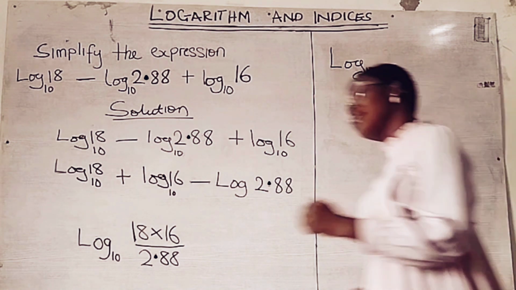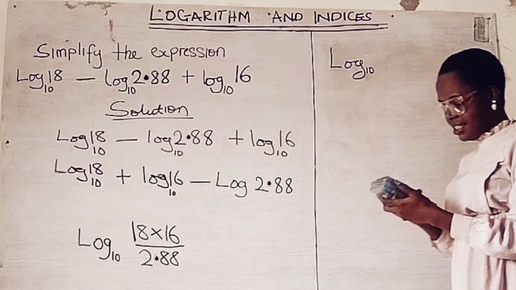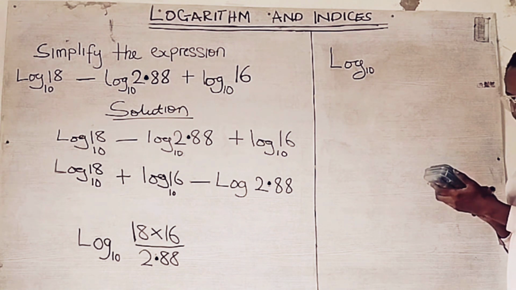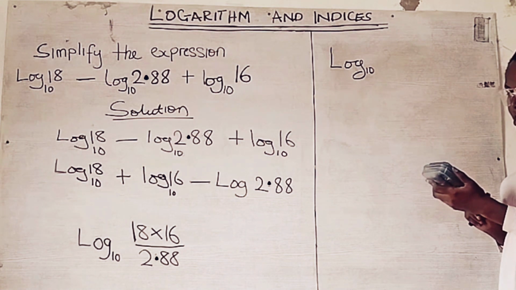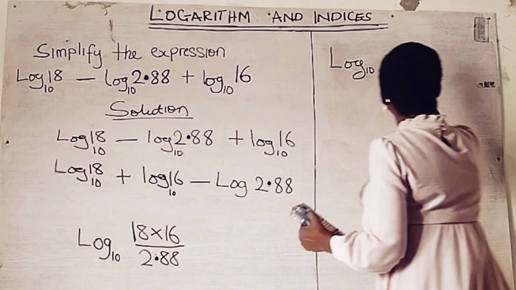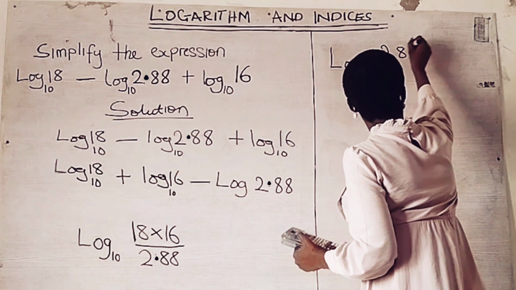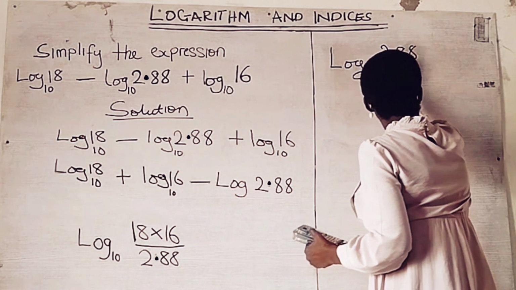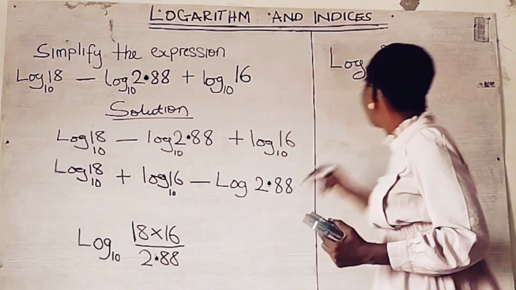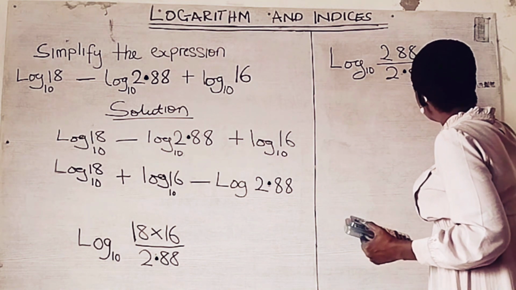Let's use the calculator. 18 times 16 gives us 288. So I write 288 all over 2.88.